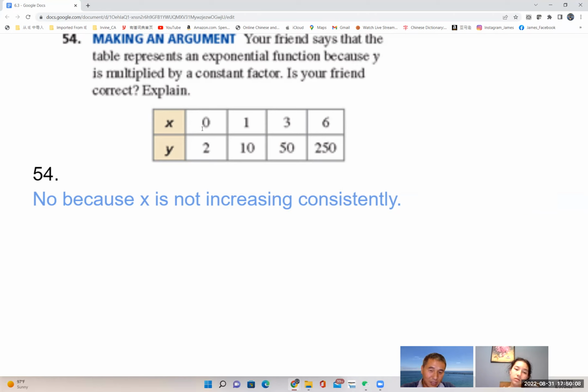You say from 0 to 1, this is an increase. 1 to 3 is an increase. 3 to 6 is an increase. Right? So I would think it's consistent. But I'm not so good with these words or language compared to you.